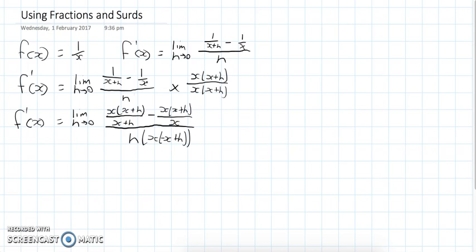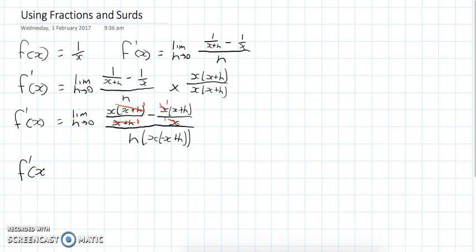So what we can see here, the first thing we can see, these are going to cancel out. Our x plus h, they'll turn into 1. And our x here and our x here again turn into 1. So let's have a look at what's going on when all this comes out of the wash.